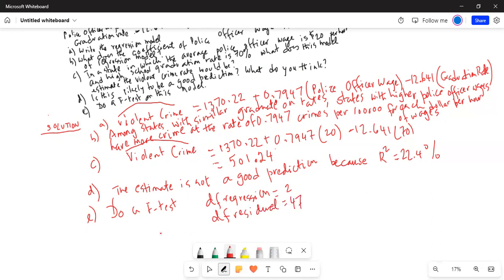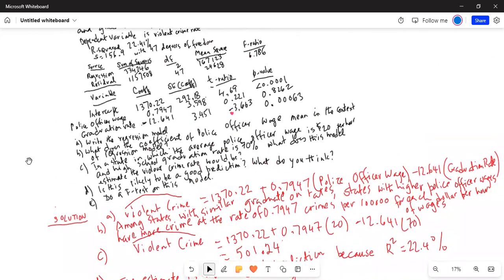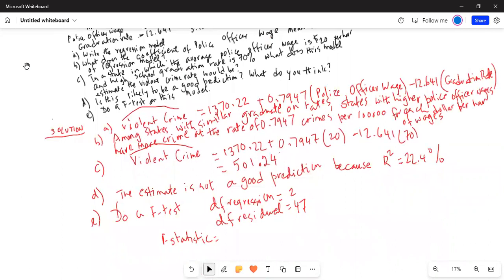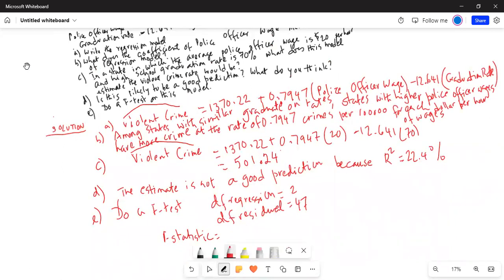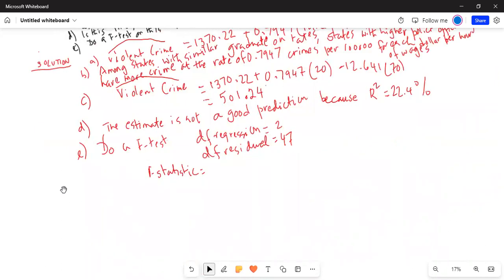And the F test statistic, I have to again move up to find out, is 6.786. Sorry, I'll create some more space. So 6.786.